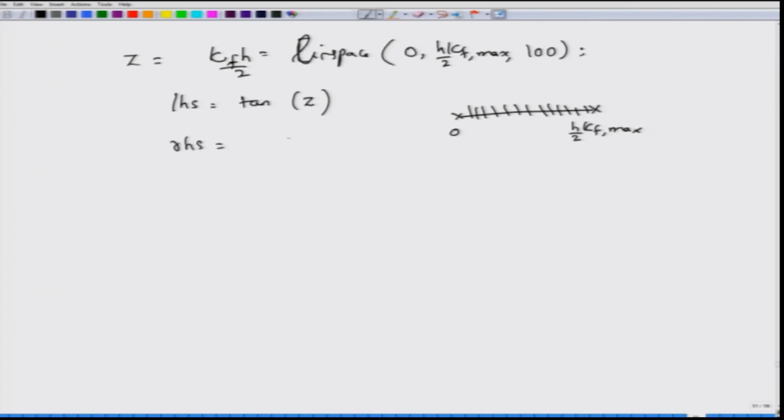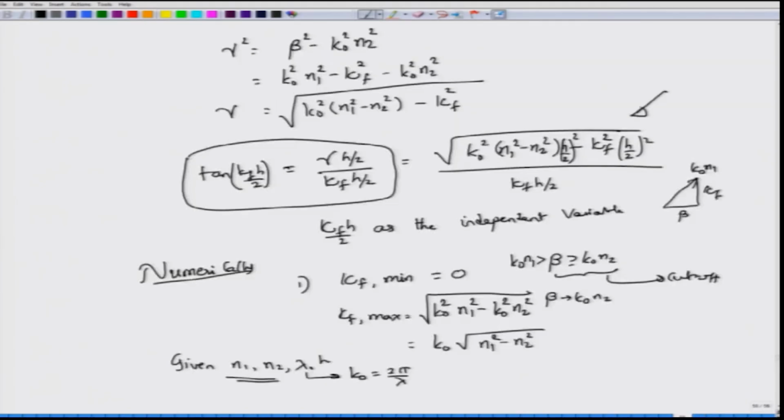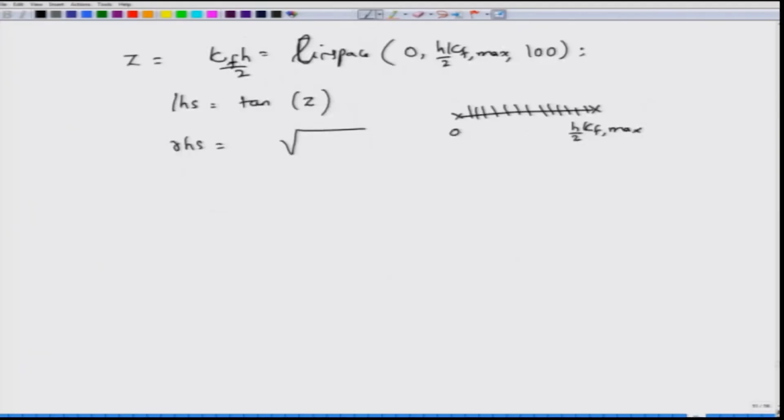The right hand side is essentially what we have seen, a square root expression. Since kappa f h by 2 is what we have called z, the denominator is z here, and the numerator is z by 2 whole square. Now, if you directly put z equal to 0, numerically you will have a problem.